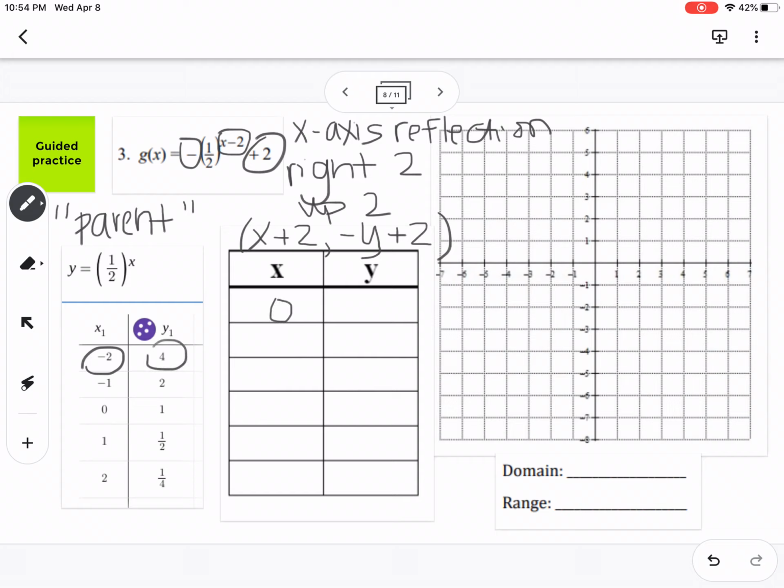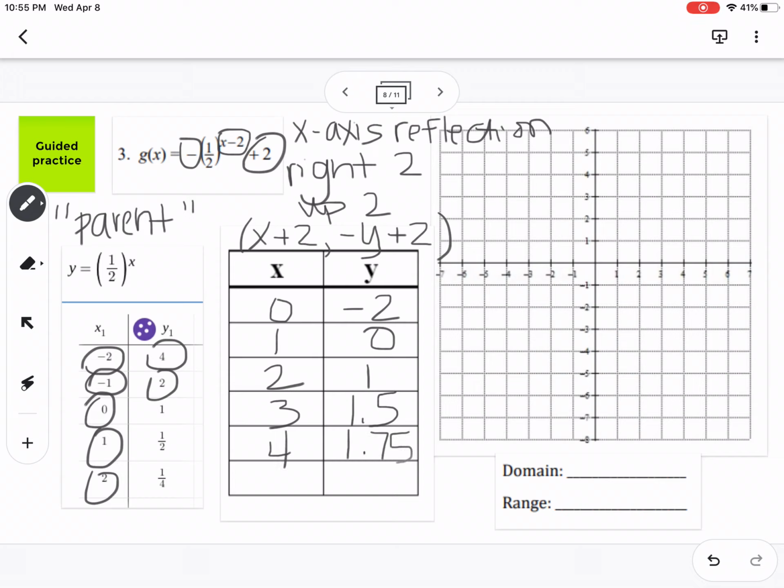We plug in 4, we get -2. We plug in -1, we get 1. Plug in 2, we get 0. Plug in 0, we get 2. -1 plus 2 gives me 1. Plug in 1, we get 3. Then we get 1.5. So -1/2 plus 2. Plug in 2, we get 4, and gives us 1.75.